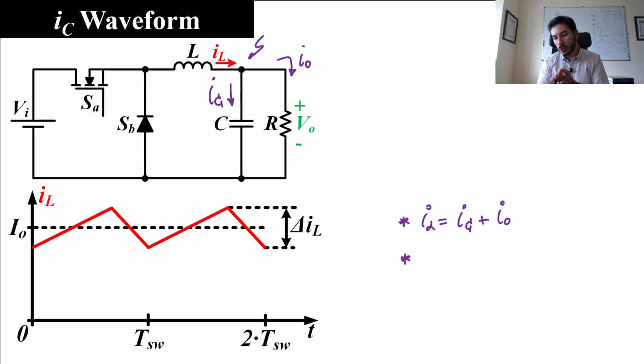So we do a simplification here. We assume that the output current is constant. We already considered that in the previous video. And the third point is that since we are in steady state conditions, the average current through the capacitor must be zero.